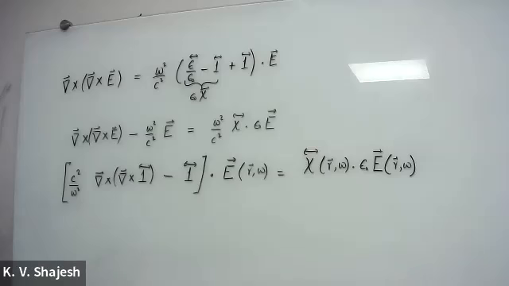Oh, I meant to write this as chi. Yeah, D. Right? So D has epsilon.